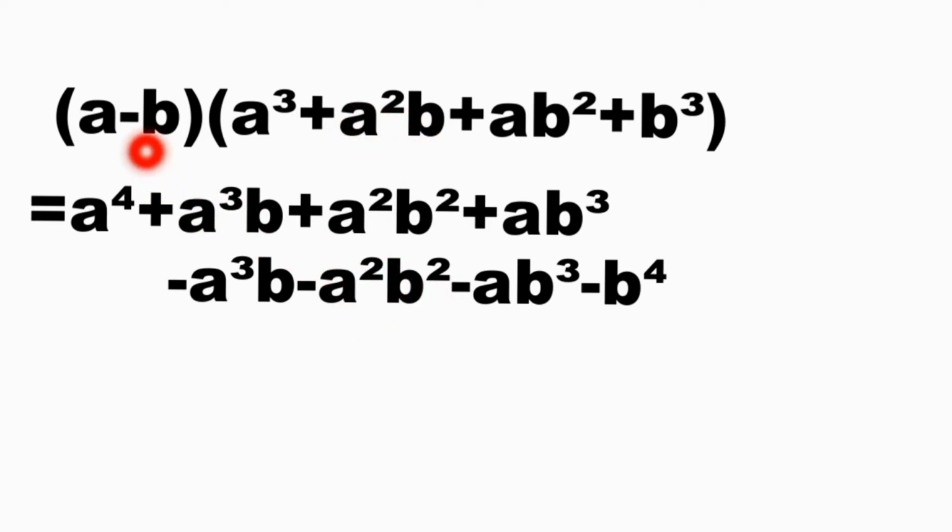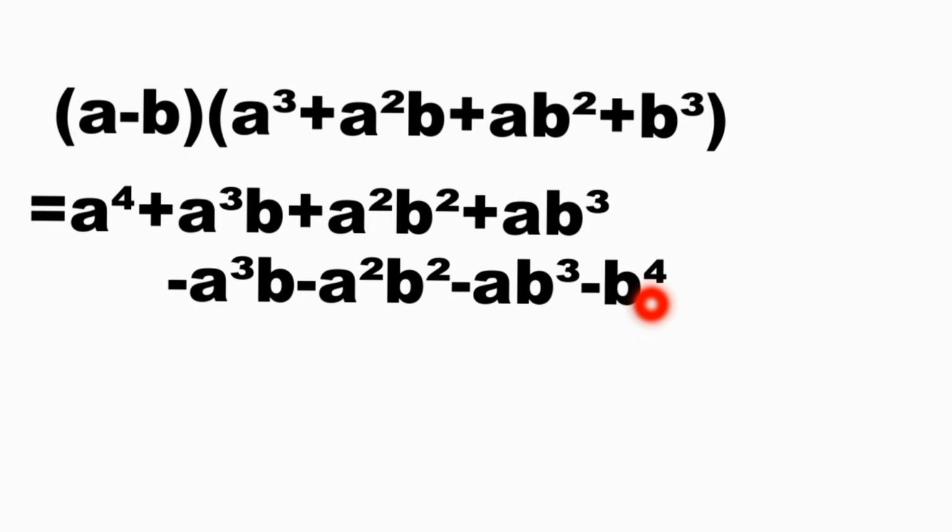Minus B times A B squared is minus A B cubed. And the last, minus B times B cubed is minus B to the fourth.